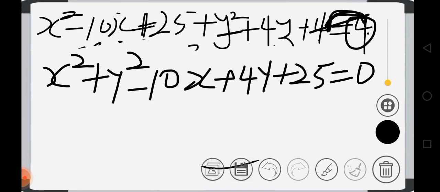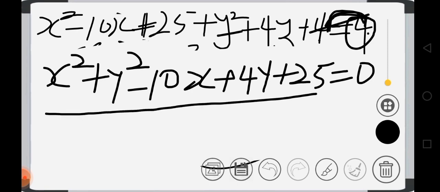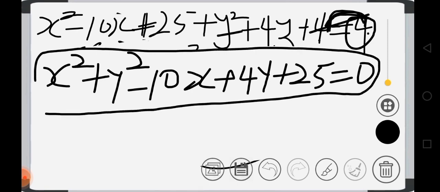So we might be required to also calculate the radius and center of this circle. For example, they ask us to calculate the radius and the center of this same circle. So how are we going to do that?